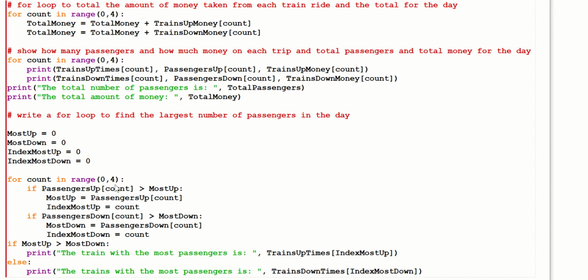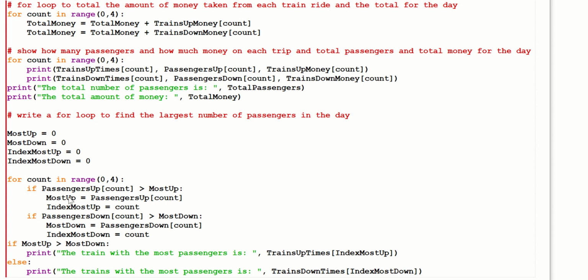But if the next one is larger, for example array position 2 is larger than the current most up, then passengers up count for the second position would become most up, and count would become index most up.